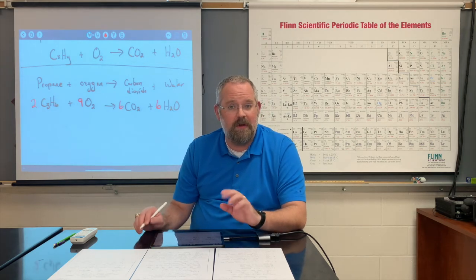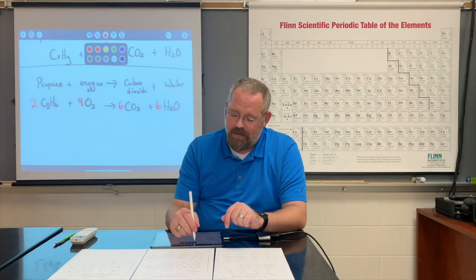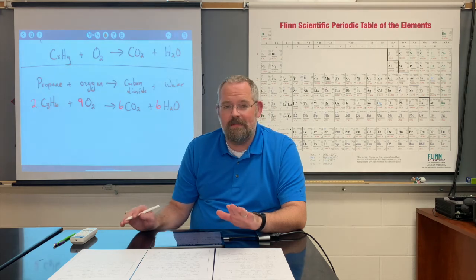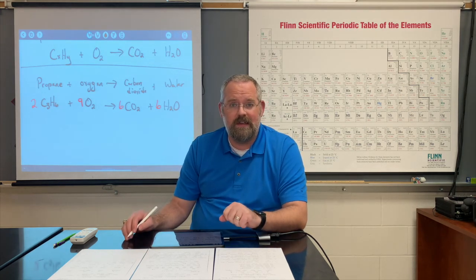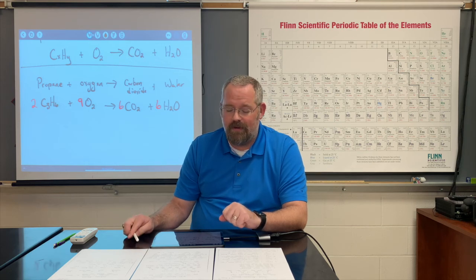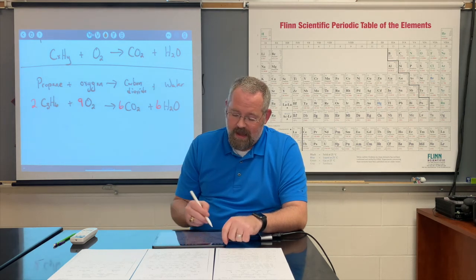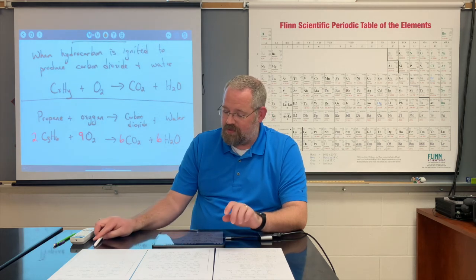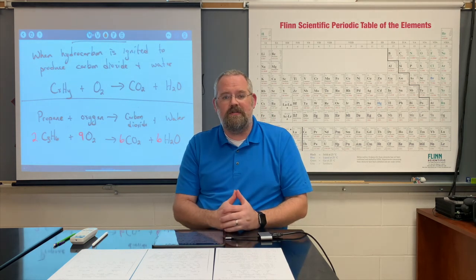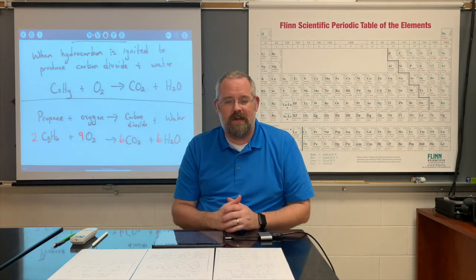Those are uncommon, but that does happen. So if you're not getting it to balance, don't fret. You might just need to keep going. Sometimes they can go on for a long period of time. Okay, and that's about it. Combustion is pretty straightforward. Hydrocarbon and oxygen yields carbon dioxide and water.